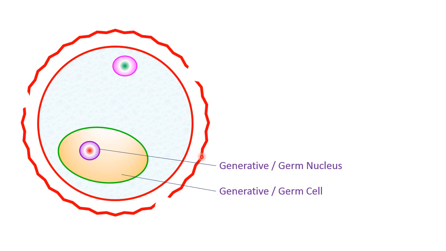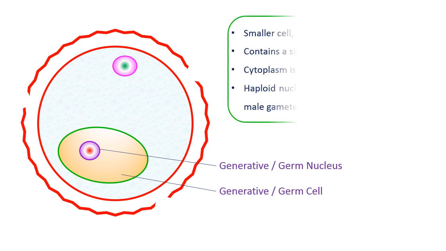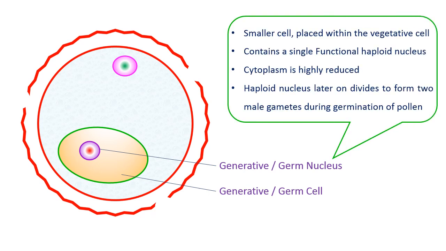Cytoplasm is highly reduced with minimum cell organelles. The haploid nucleus later divides to form two male gametes during germination of the pollen grain.